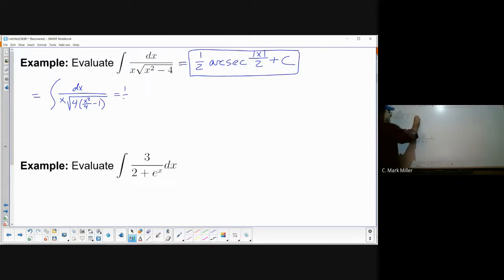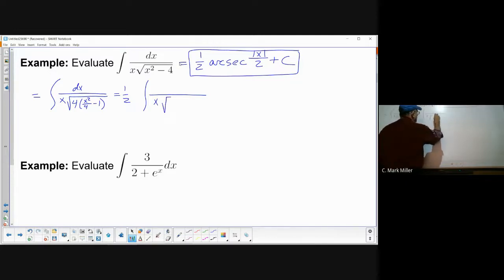Bring that 1/2 out. That's that 4 coming all the way out. Then I'm going to leave some space, integral x square root of x over 2 squared minus 1. Up here is dx.